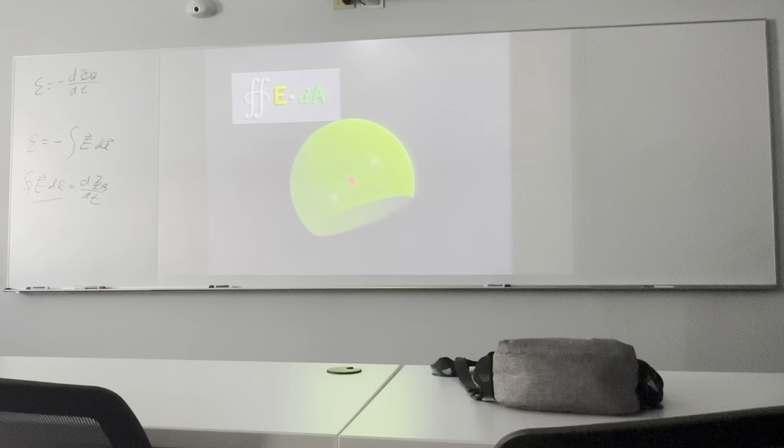The electric flux through any closed surface is equal to 4 pi k sub e times q, or q over epsilon naught, where q is the total charge enclosed by the surface.